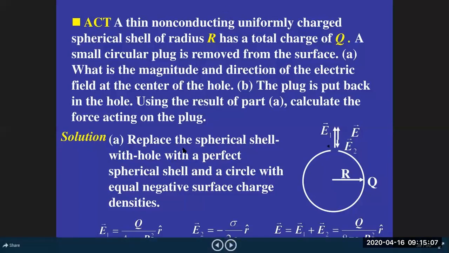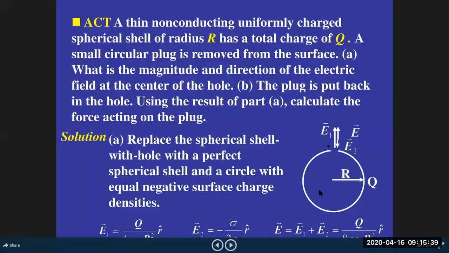You know that in this situation, replace the spherical shell with a hole by a perfect spherical shell and a circular disc with equal negative surface charge density. So the part of the shell which is to be removed is taken with negative surface charge density, and the initial sphere is taken as positive charge density, but the charge density will remain equal and opposite.